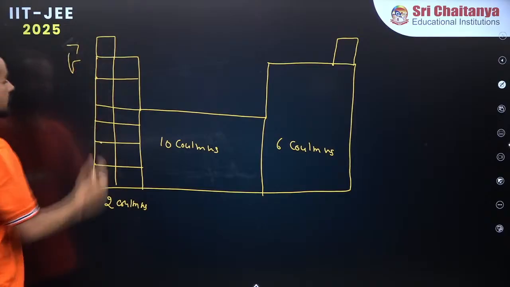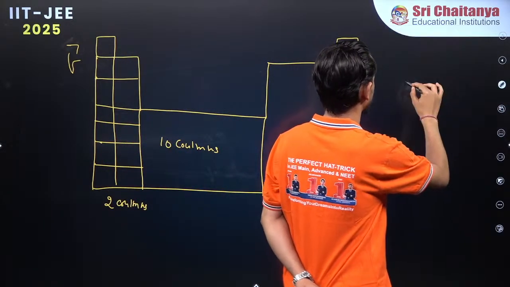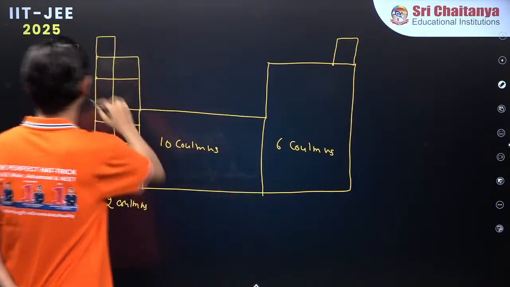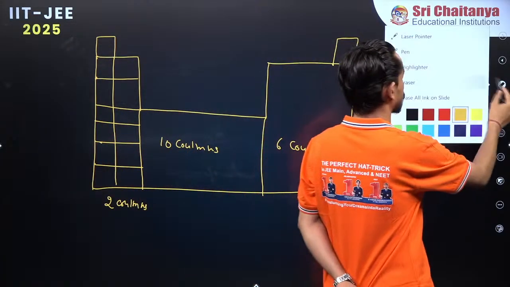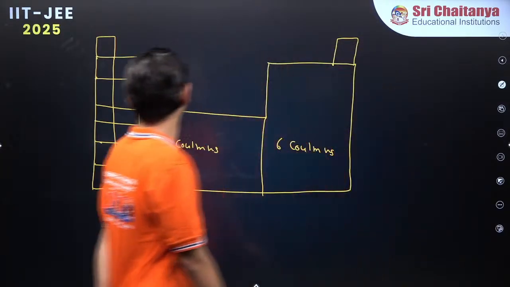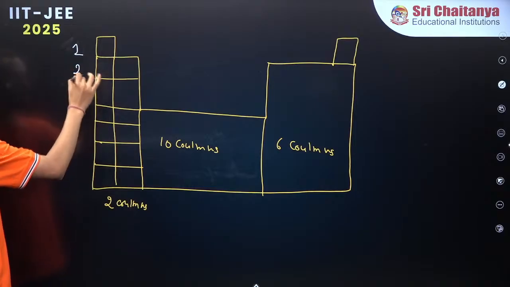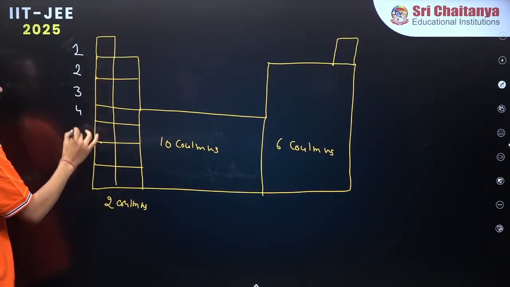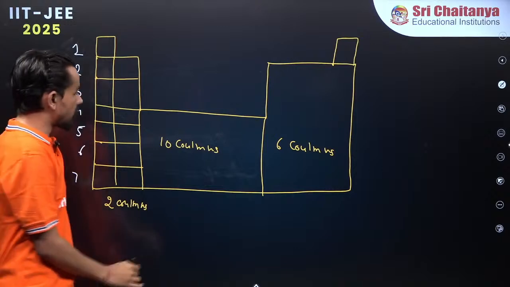This is row number 1 or period number 1, this is period number 2, this is 3, 4, 5, 6, 7. These kinds of periods are there.